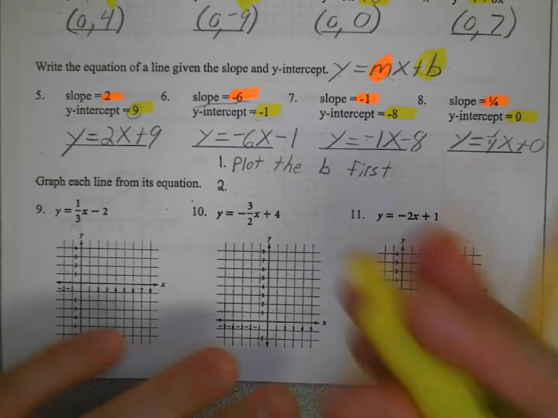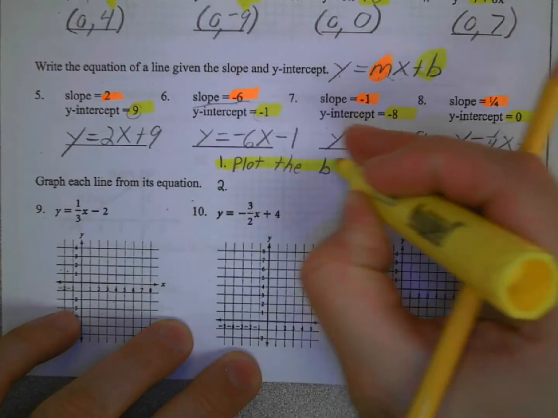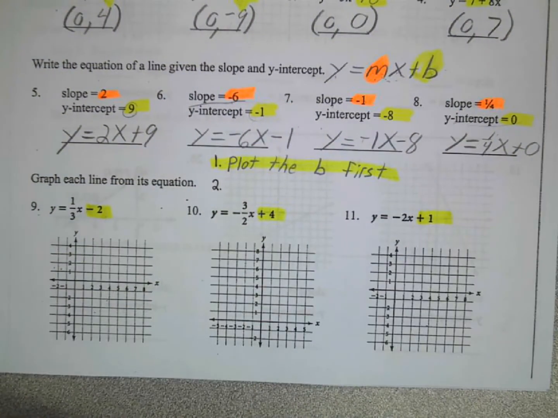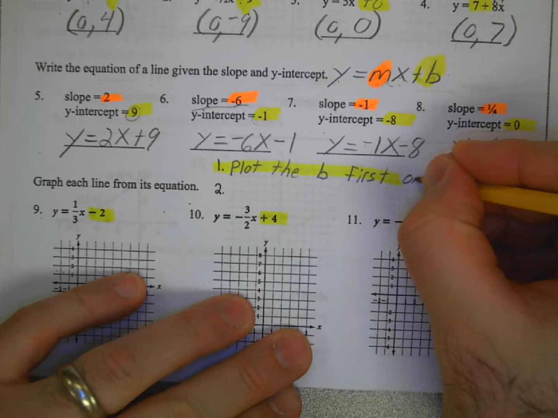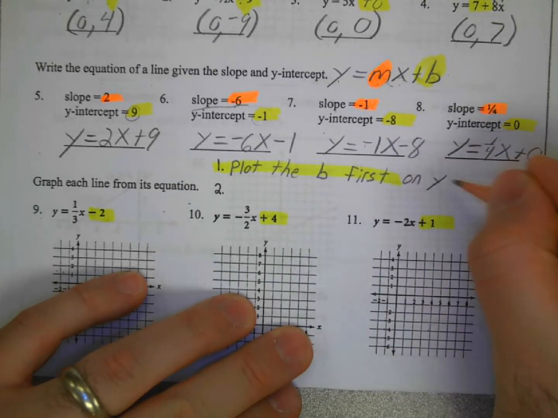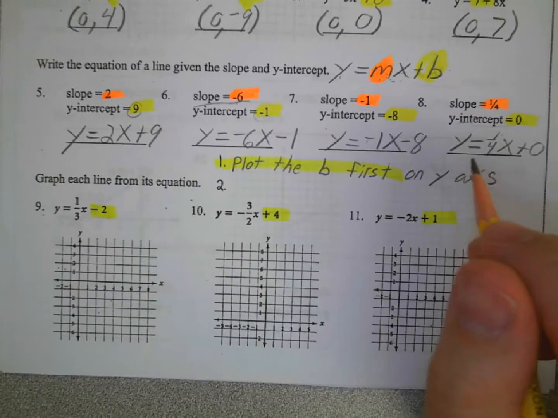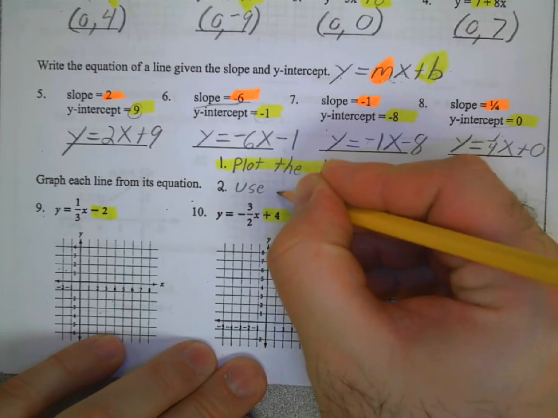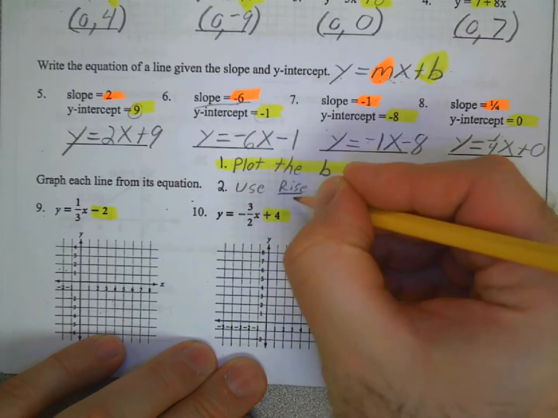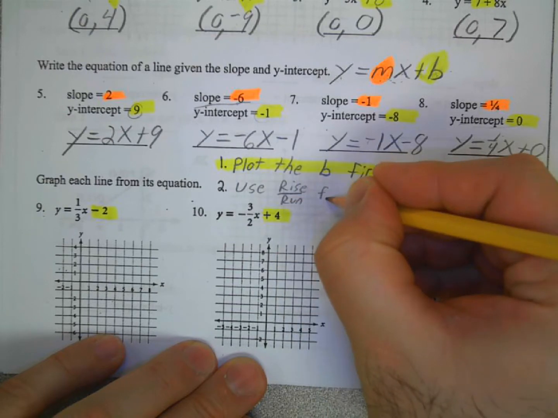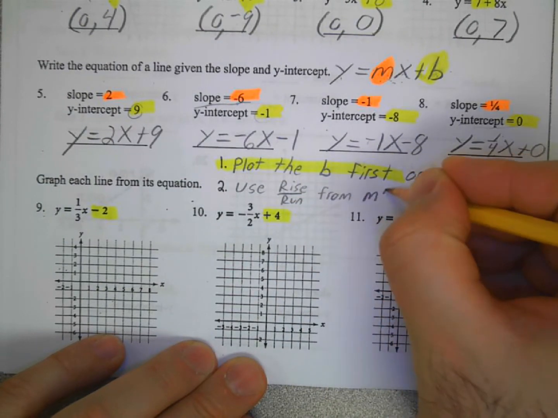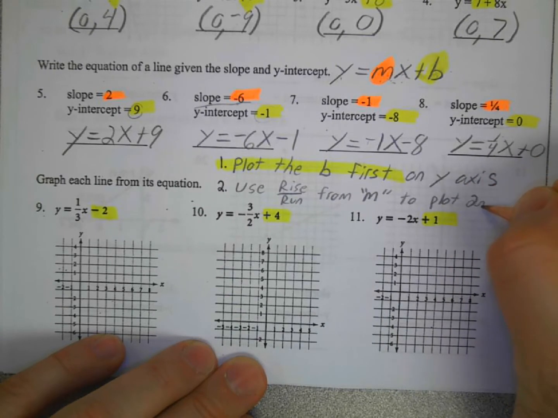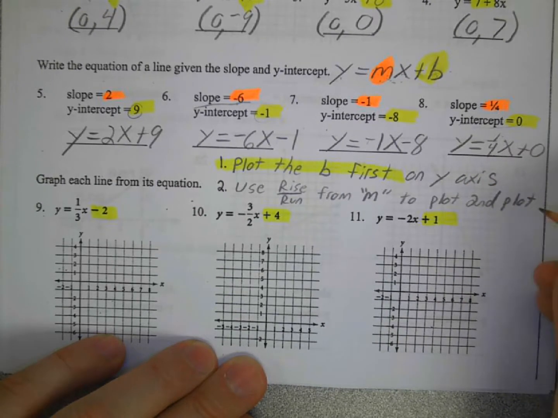So we've been coloring this yellow. So we're going to plot this point first. And this is where it crosses the y-axis. So plot b first on y-axis. All right? And then after we do that, we're going to use rise over run from the slope m to plot a second point, or even more after that, okay?